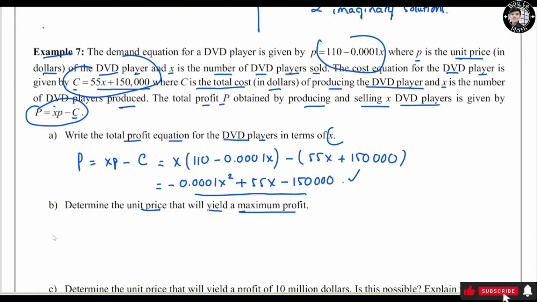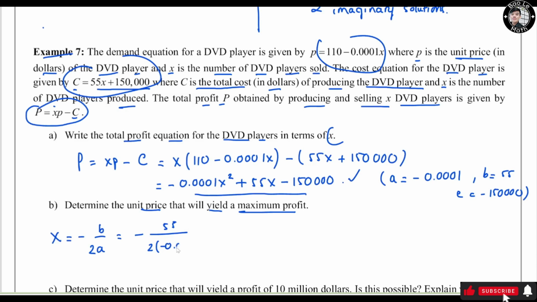So we have the x coordinate of the vertex is S equals negative b over 2a, where a equals negative 0.0001, b equals 55 and c equals negative 150,000, right? So we substitute over here, we have negative b, which is negative 55, divided by 2a, which means 2 times negative 0.0001, right?